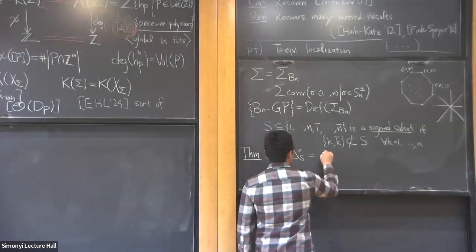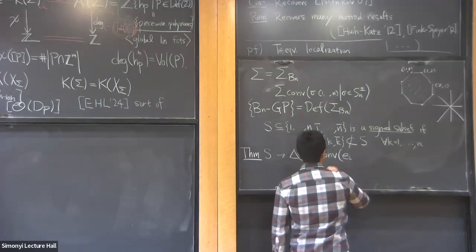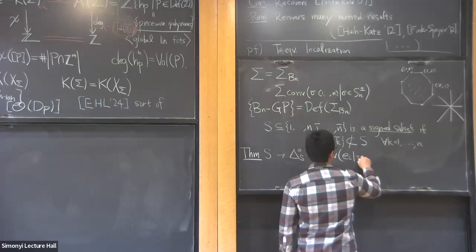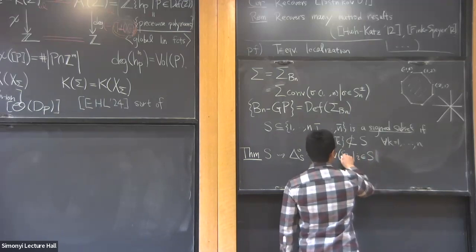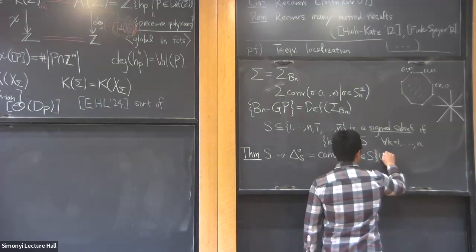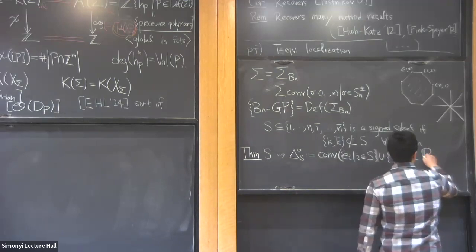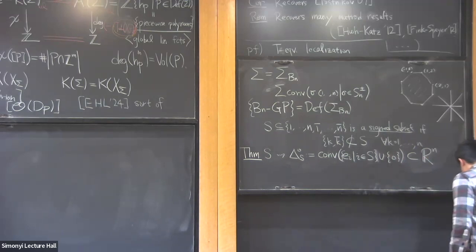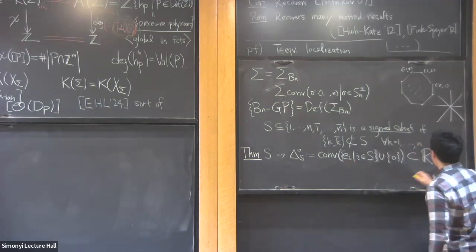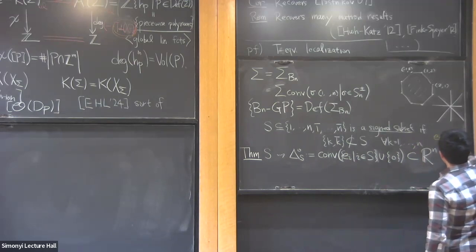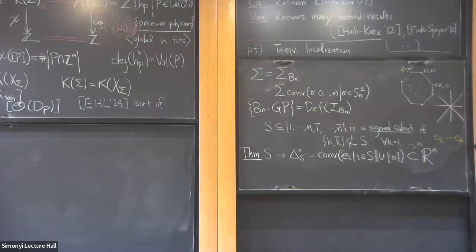This is just notation for the convex hull of standard basis vectors, one for each element given by the signed subset, union the origin. One notation to note: what I mean by e sub k bar just means minus e sub k.